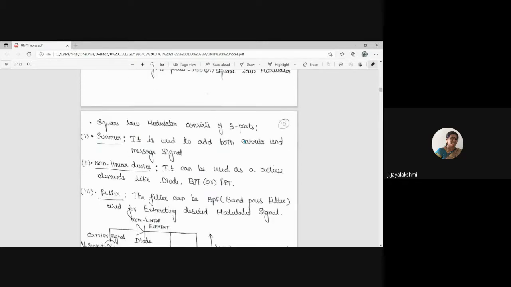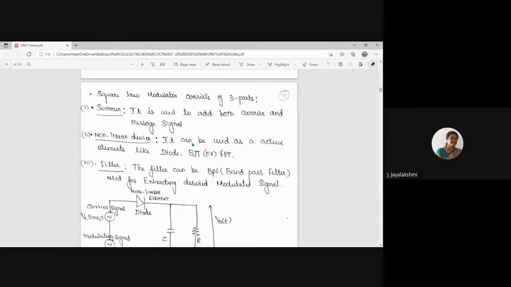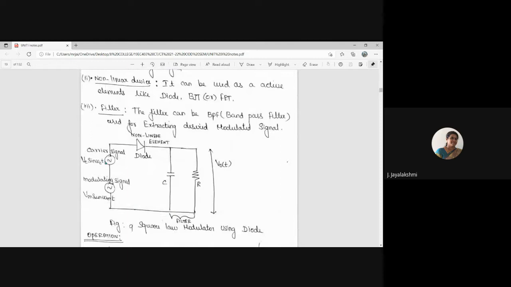The summer is going to add both the signals, the carrier and the message signal. The nonlinear device can be a diode or BJT or FET, which is used as an active element operated in the nonlinear region. The filter can be a bandpass filter, which is used to extract the desired modulated signal. So to the input, we are going to have the carrier signal and the modulating signal, Vc sin(omega_c t) and Vm sin(omega_m t).